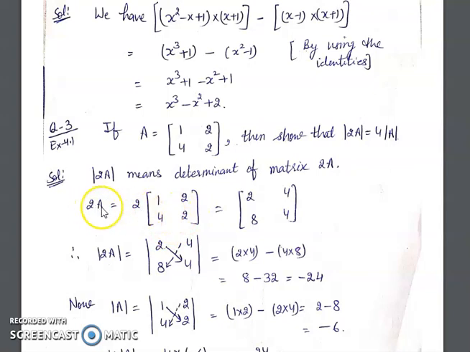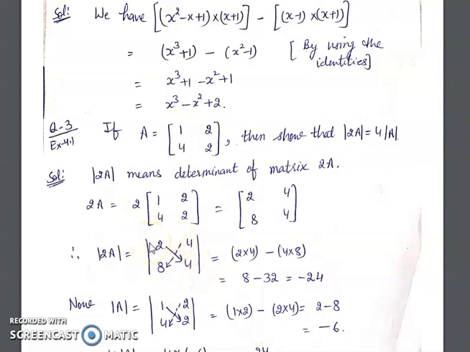So, 2A means each element of the matrix A will multiply by 2. So, this gives us the matrix 2A. Corresponding to this matrix, the determinant of 2A, we write the elements in the form of determinant.